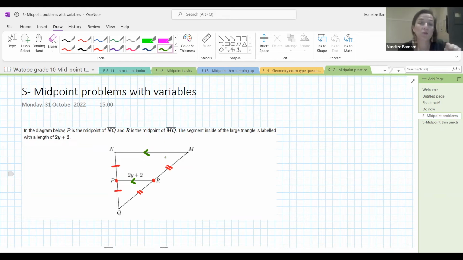And because the two midpoints are given, we know that we're just going to use midpoint theorem here. We don't have to bother with line through midpoint parallel to second side, because the midpoints are given. And then the last bit of information says the segment inside of the large triangle is labeled with a length 2y plus 2.